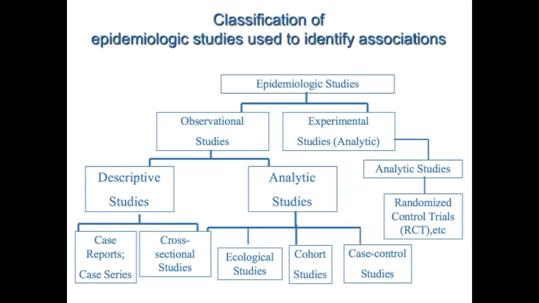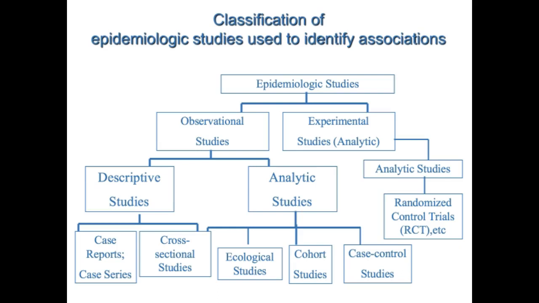You may have seen this chart in your epidemiology class. In public health, studies can either be observational, such as a cross-sectional study which provides a snapshot of individuals at one point in time and can be useful in describing a population, or a cohort study, for example, which follows a group of individuals over a period of time.